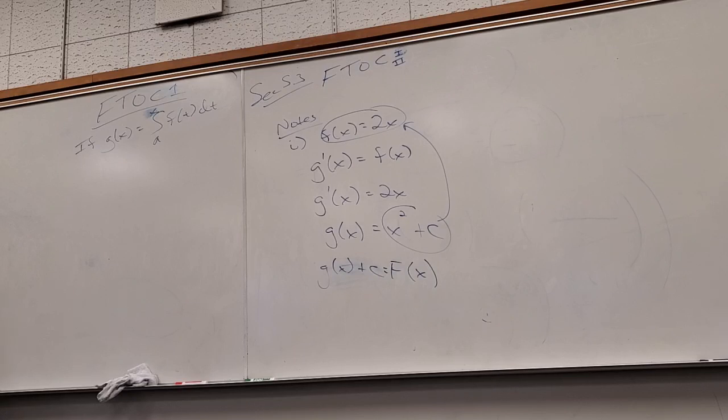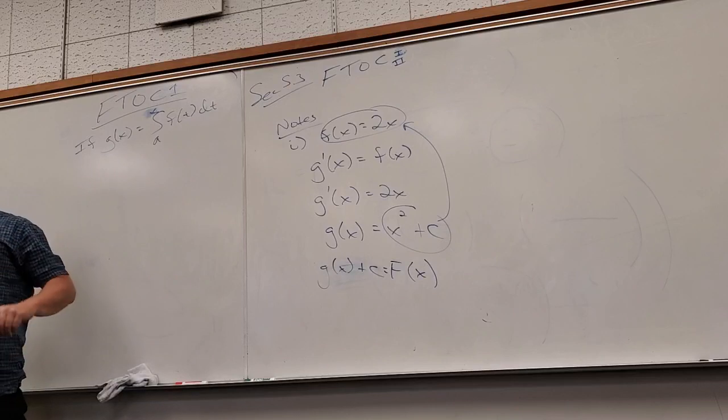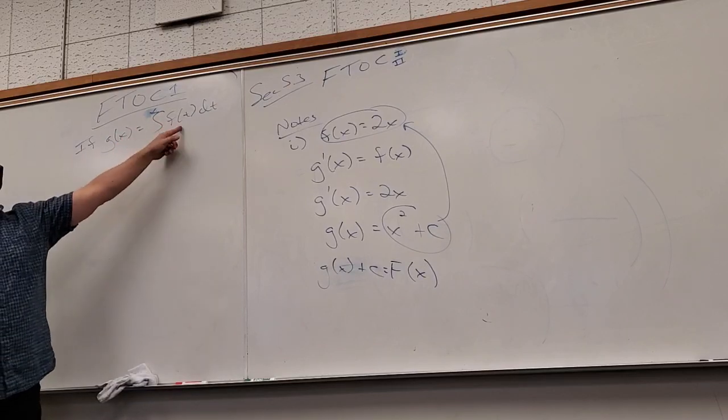Can somebody tell me what that function does? It's the function's job. If I plug a value in for x, what does it find? It's the area from a to. Yeah, the area under this function from a to that number. Right? So for every number I could plug in, this value could change.